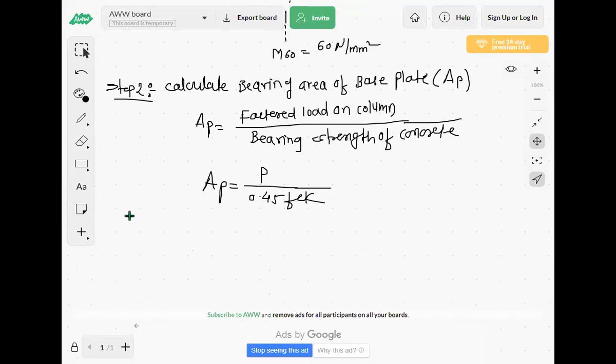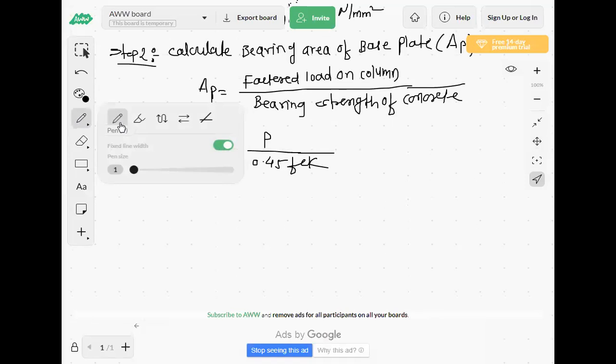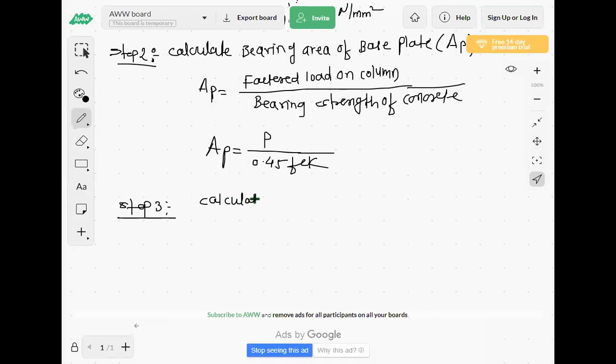So now step 3: calculate or select the size of base plate. We got the area of plate.